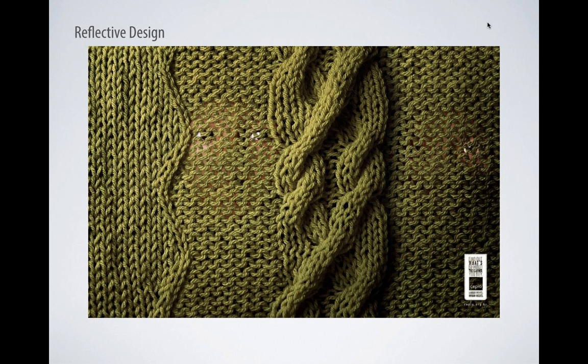And I'll let you take a look at this one for a second, because it takes a minute to settle in what you're seeing here. Yeah, it's kind of creepy. You see those eyes peering out from the woven fabric.